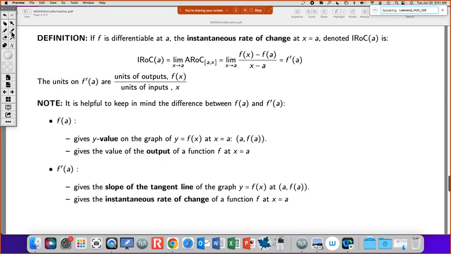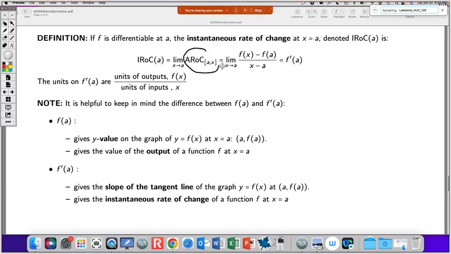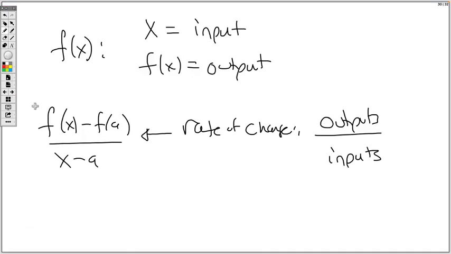Now back in pre-calculus, you talked about the average rate of change. So this is called an average rate of change.